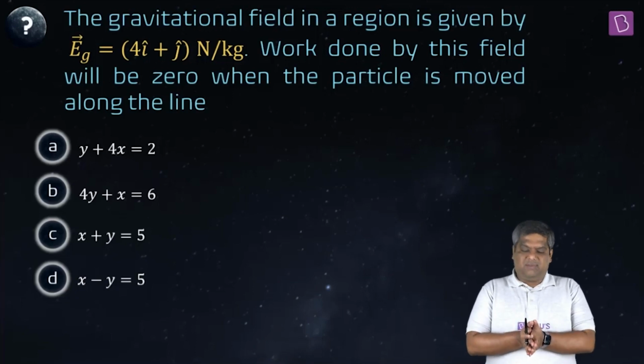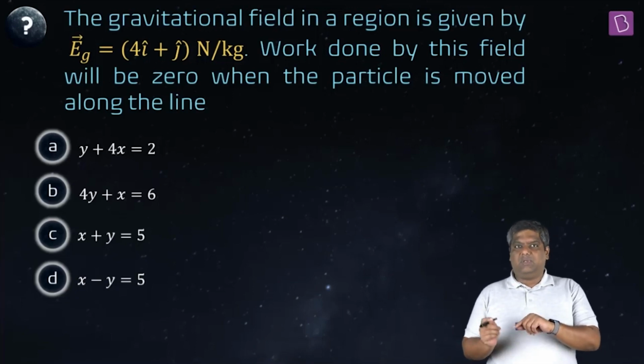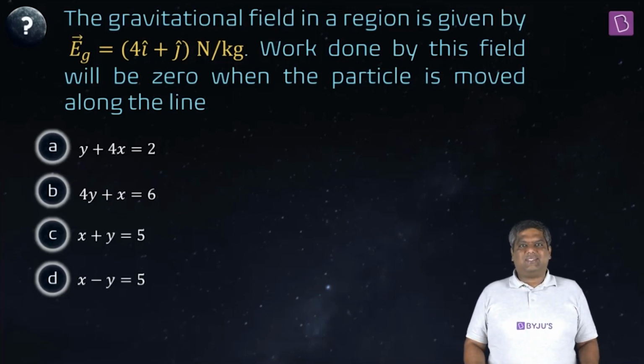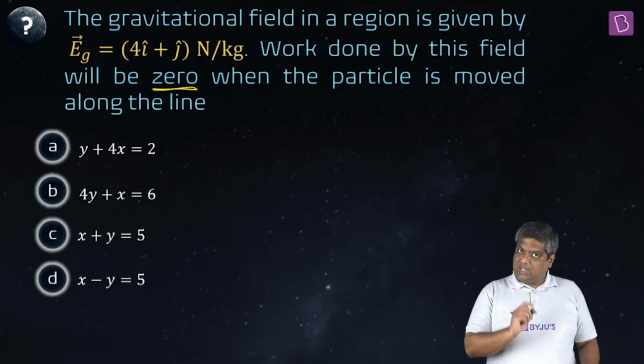Well, the gravitational field, you look at the units, it's Newton per kg, so it is force per unit mass. Nonetheless, it is the force acting on a unit mass, isn't it? So, work done by the force is what? Force into displacement. We want this work done to be what? The problem says it has to be 0.